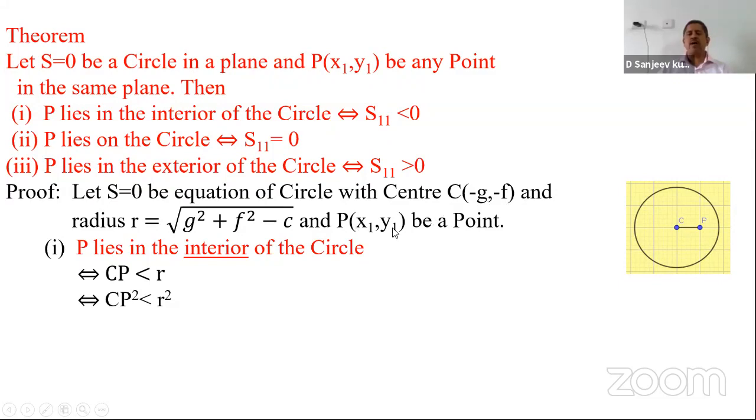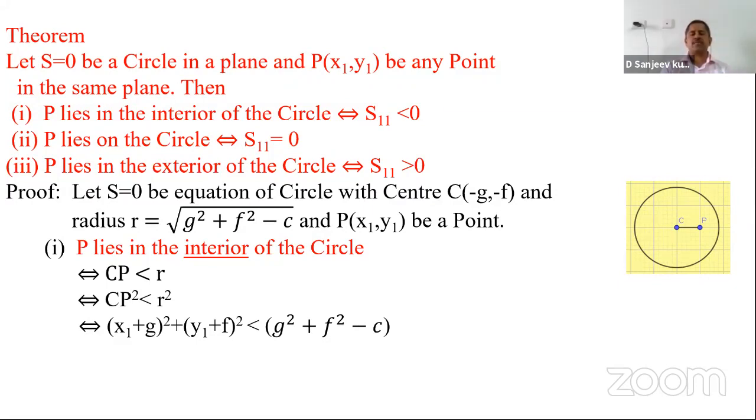So you got a formula. Use that formula. You can write it as (x1 - (-g))², so (x1 + g)² + (y1 - (-f))², so (y1 + f)² is less than, what is the radius of the circle? Radius of the circle you have taken as the square root of g² + f² - c. So if you take r², then no need of writing a root.